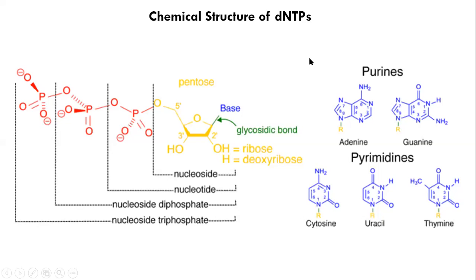Let's zoom into one of the functional units of the nucleic acid. It's called deoxyribonucleic acid, DNA. It is made up of basic units called dNTPs. dNTPs are deoxynucleotide triphosphates. Deoxy. So you start with the pentose sugar, which is the backbone of either DNA or RNA.